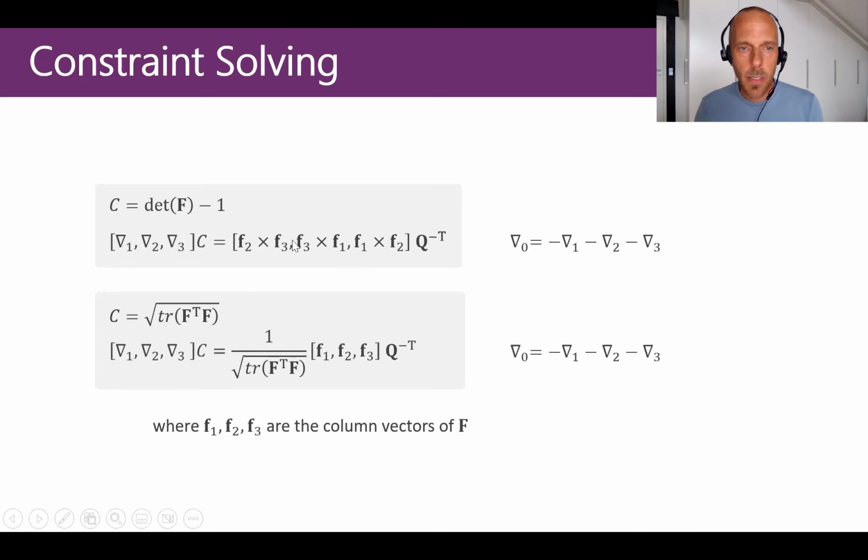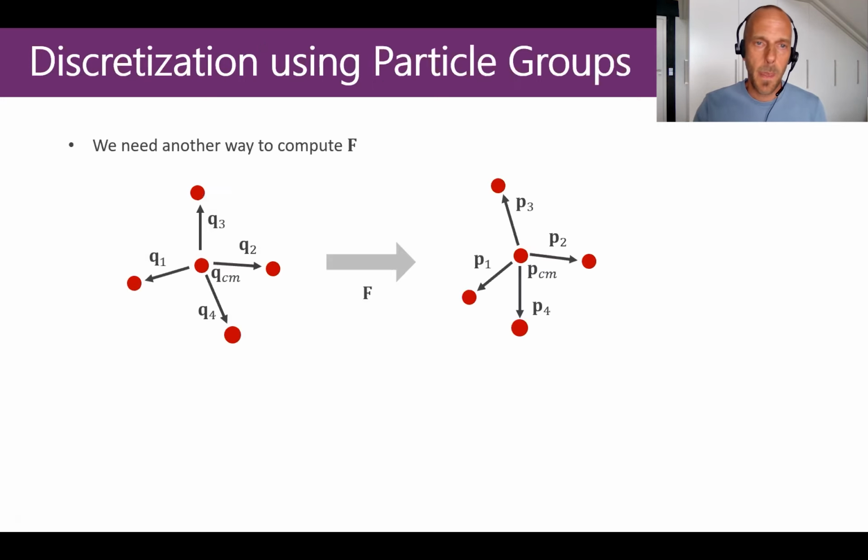What we need here are these little f's. They're just the column vectors of F. So as you can see, for both terms of the near-Hookean model, we can simply compute these quantities, which gives us the possibility to compute the correction vectors for the participating particles of the tetrahedron, and then we can simulate the material. Very simple.